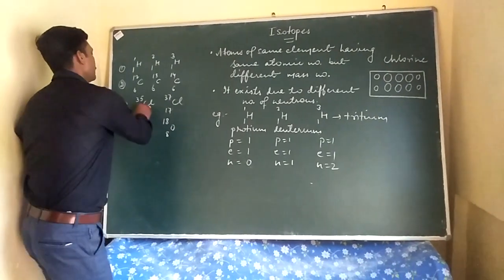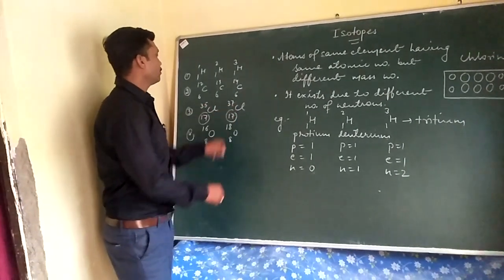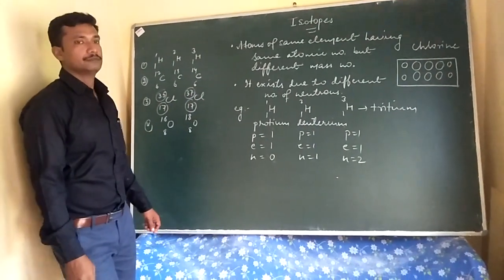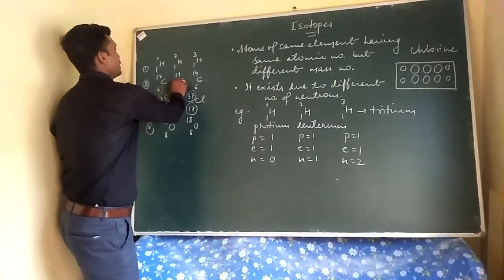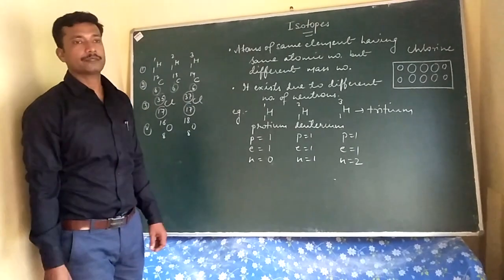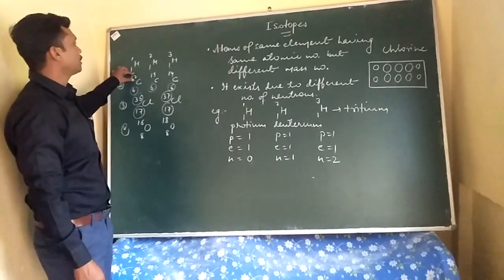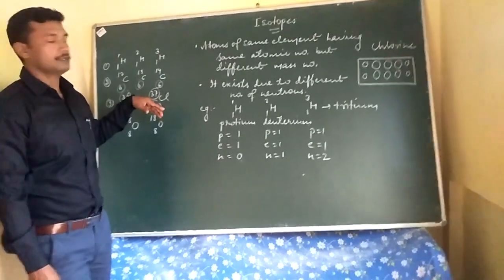Here you can see the atomic number is the same, but the atomic masses, 35 and 37, are different. Similarly, in carbon also the atomic numbers are the same. All these carbon atoms have the atomic number 6 only, but the atomic masses are 12, 13 and 14.